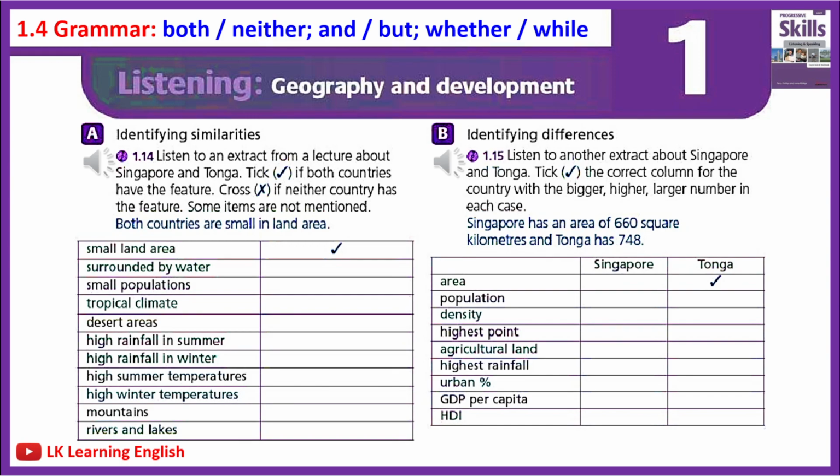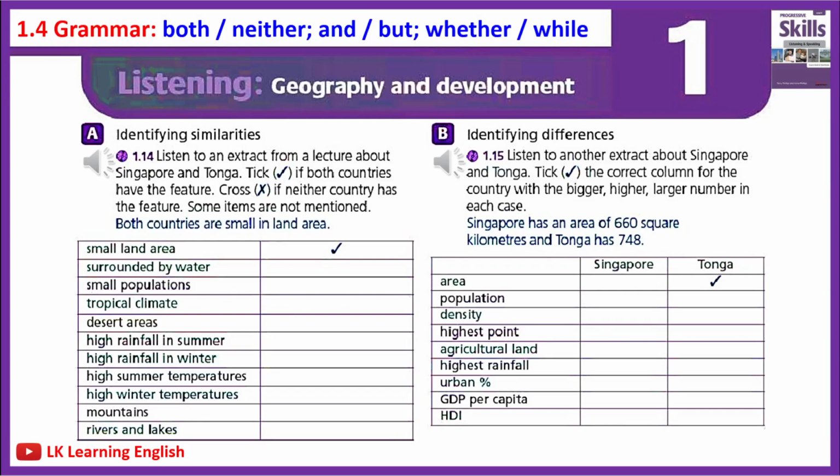What about agricultural land? Well, Singapore only has 1% agricultural land. Yes, that's right, 1%. Whereas nearly half of Tongan land is under cultivation. 48% to be precise. The wettest month in Singapore is December, which has an average of 288 millimetres, while Tonga's is March at 210. So there is not a significant difference there.